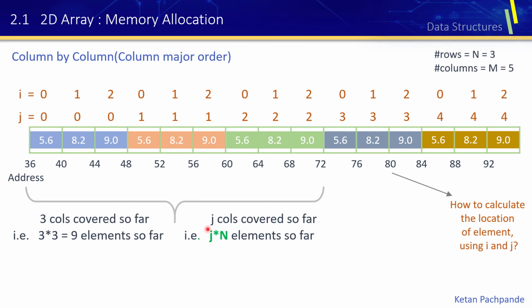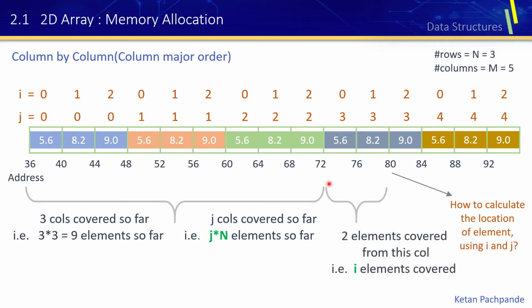If I talk about this formula in terms of variables, j indicates the number of columns covered so far. So in general I have written j into the number of elements in each column. You see, it is exactly opposite of the row major order. There we wrote i into m. Here I am writing j into n. And in this column, how many elements are covered so far? That is given by the i value.